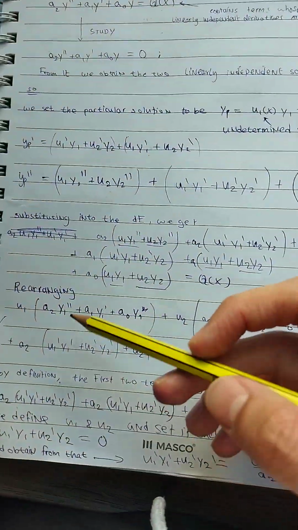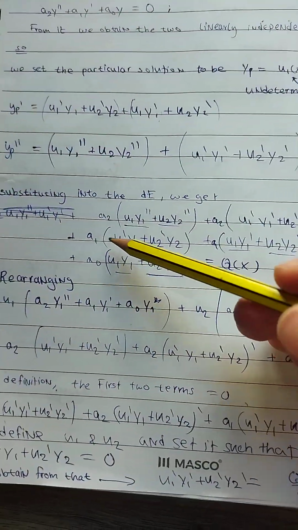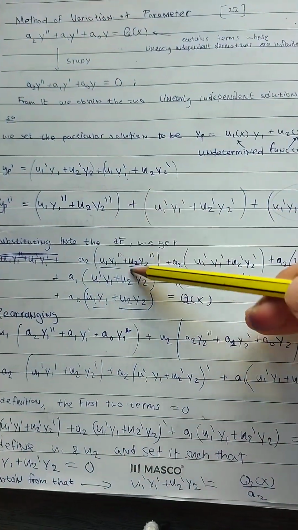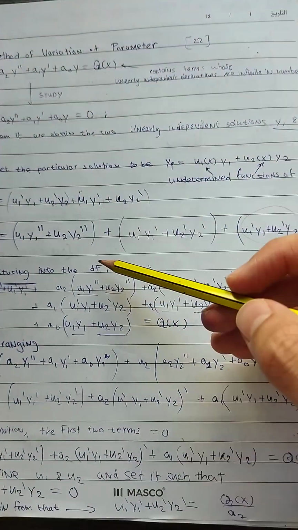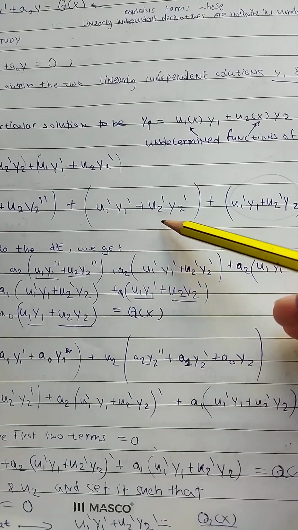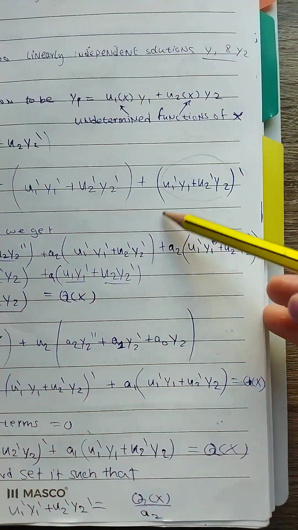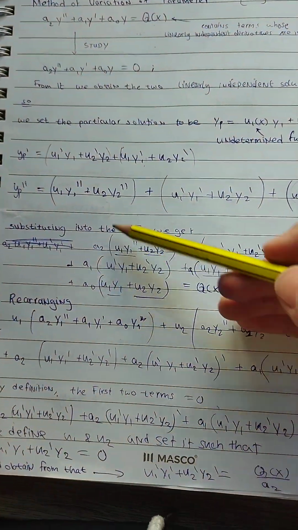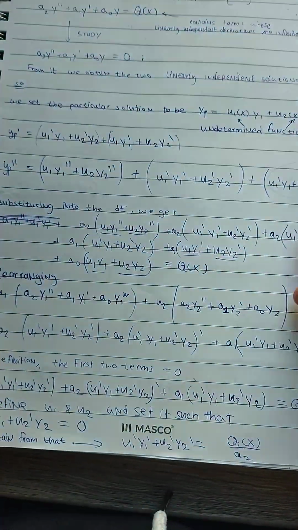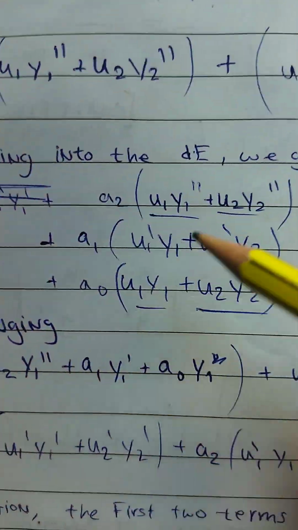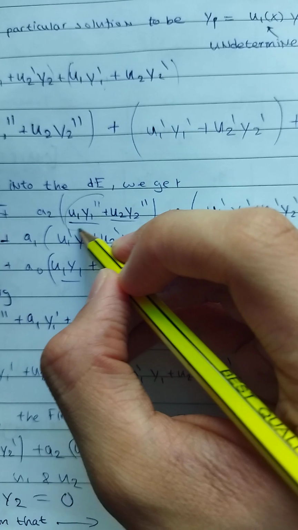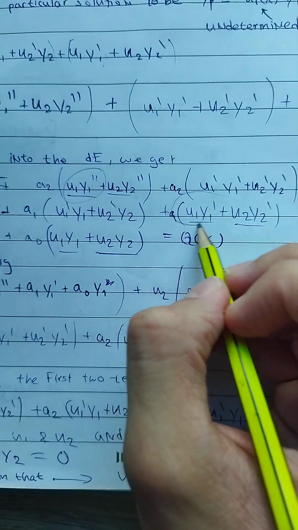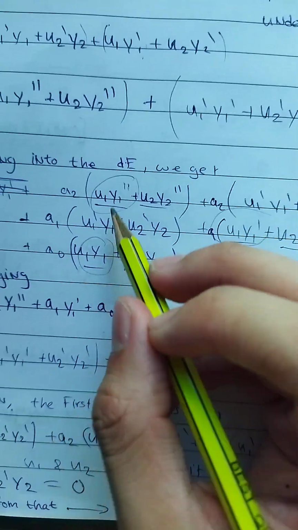We will see that right now, because if you plug it into the differential equation, you get this: a2 of u1 y1 double prime plus u2 y2 double prime, plus a2 of u1 prime y1 prime plus u2 prime y2 prime, plus a2 of u1 prime y1 prime plus u2 prime y2 prime, and so on. Now we take these terms and factor out the u1.